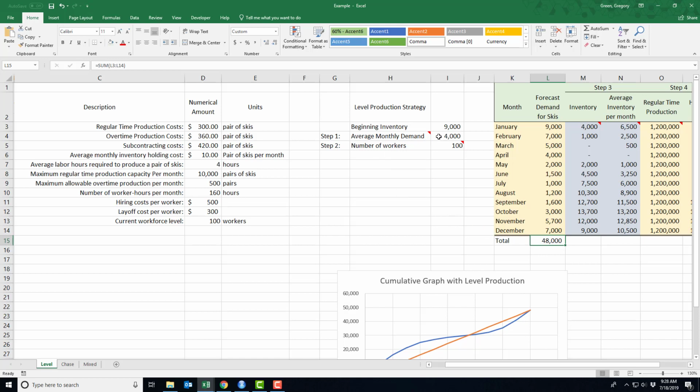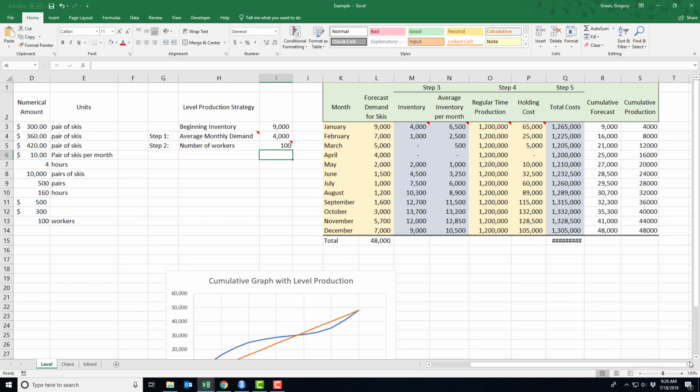The average monthly demand is then the average of this column, or 48,000 divided by 12. The number of workers available, this one we were given, so I didn't have to do anything. I just had to refer back to the number of workers that was actually given to us.